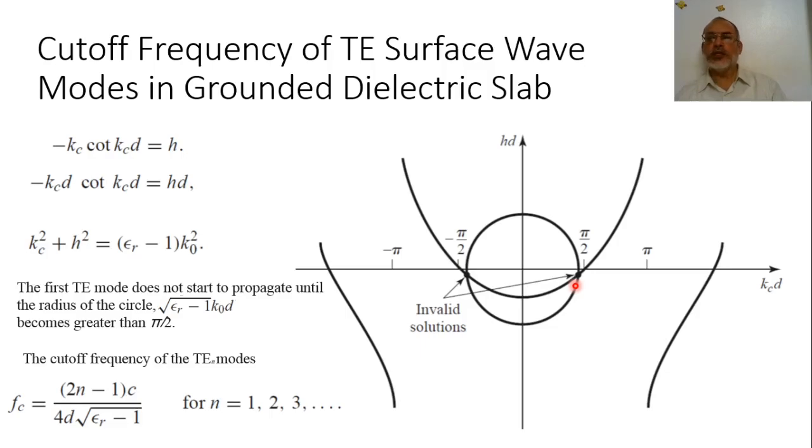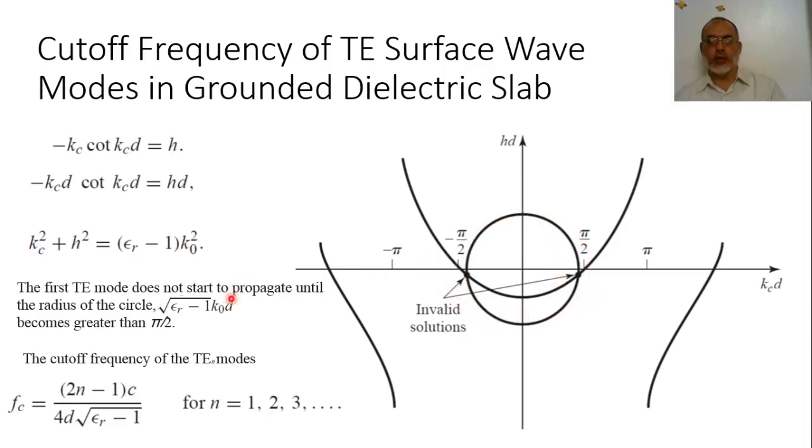If h is negative, e to the power minus a negative value multiplied by x is proportional to e to the power positive x, which increases to infinity as x tends to infinity. So the value of h must be positive. The solutions with negative h correspond to improper or invalid solutions.